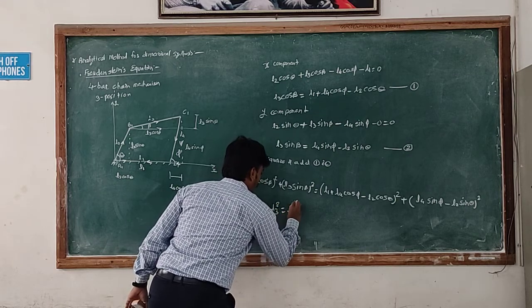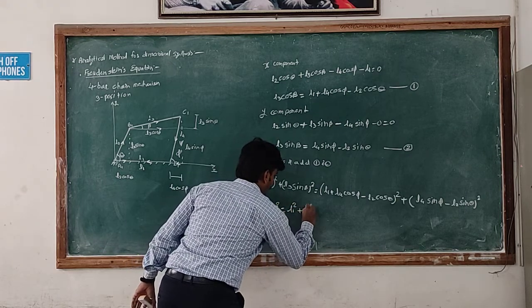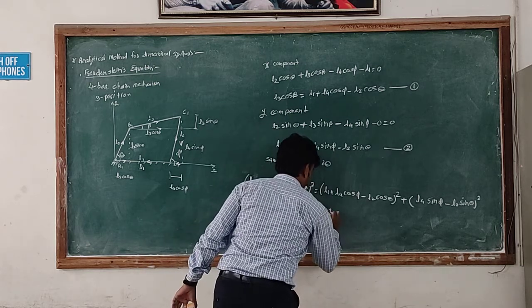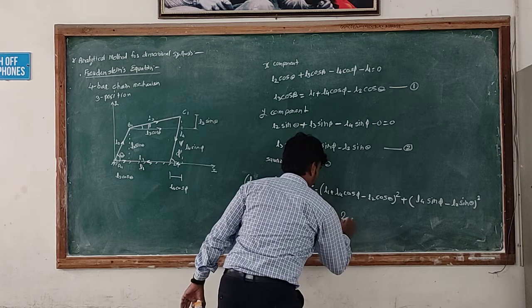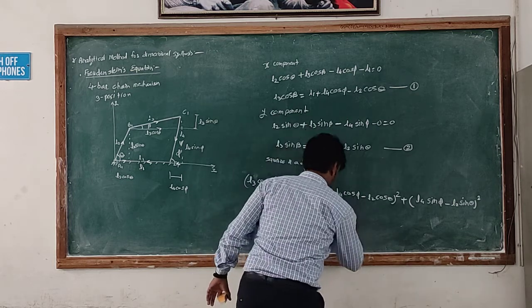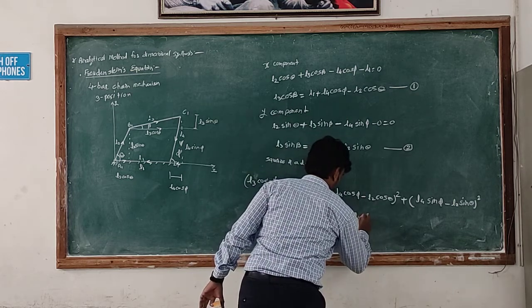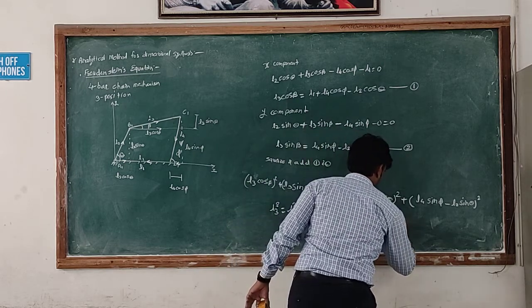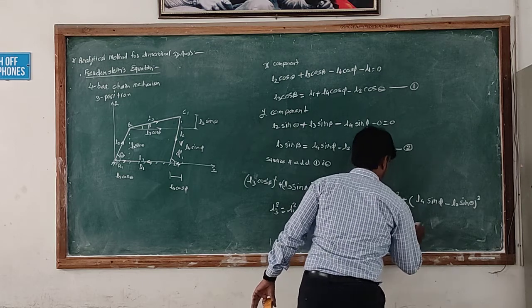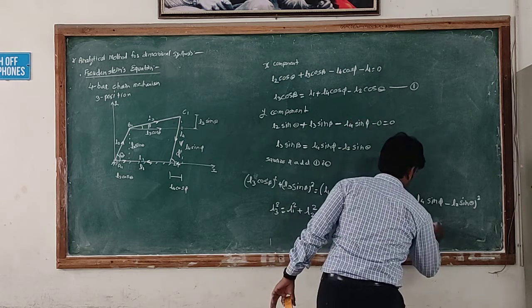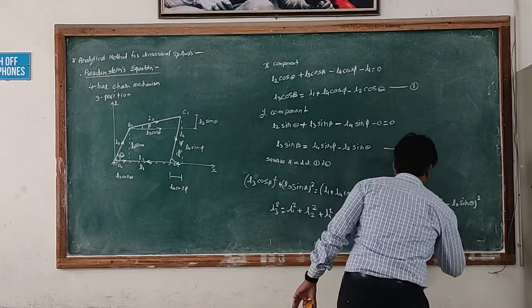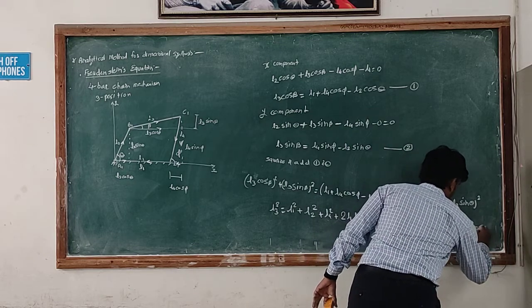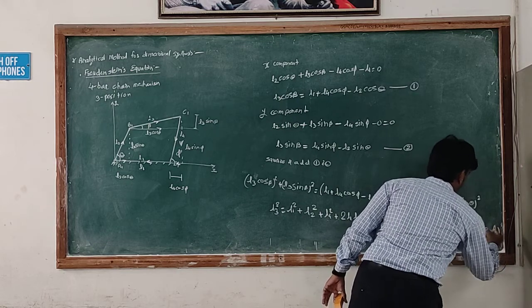L3 square is equal to L1 square plus L2 square plus L4 square plus 2 L1 L4 into cos of phi minus 2 L1 L2 into cos of theta minus 2 L2 L4 into cos of theta minus phi.